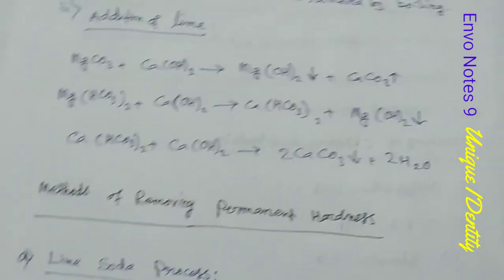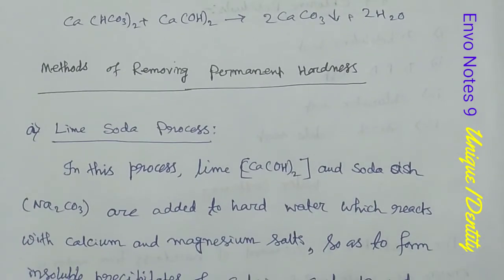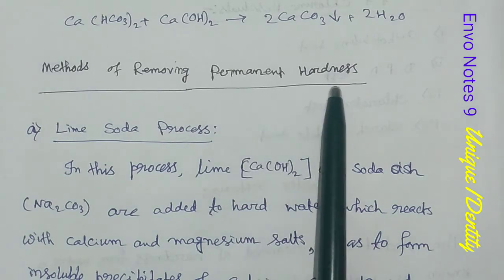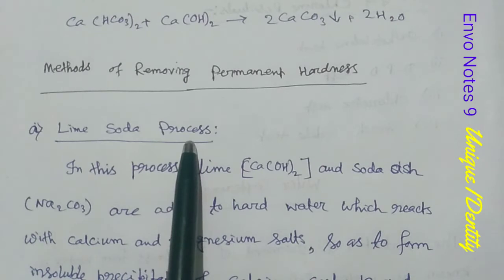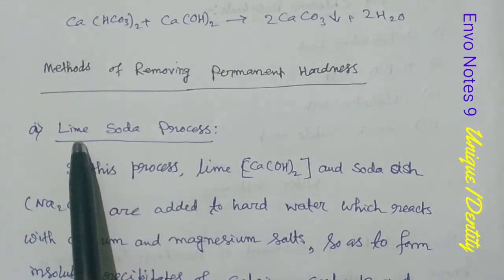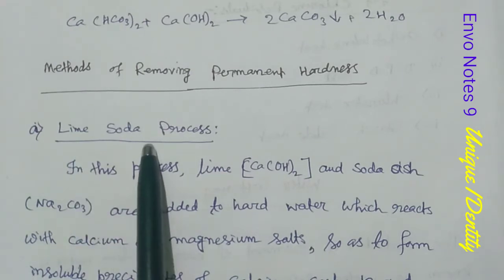Now we will discuss methods for removing permanent hardness. There are three methods: lime soda process, base exchange process, and demineralization process. First, we are discussing the lime soda process.